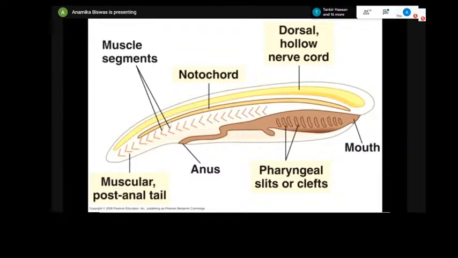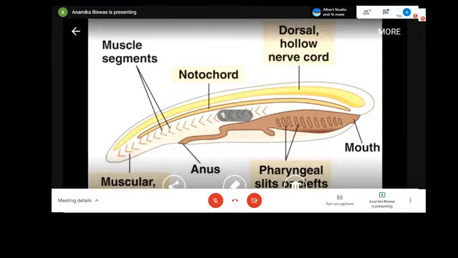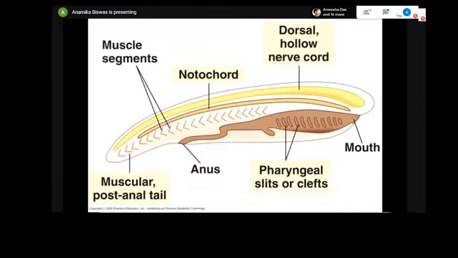Next, on the dorsal side of the notochord, another structure is present, which is called the nerve cord. The nerve cord is a hollow structure. It is not solid, it is hollow, and present on the dorsal side of the body.